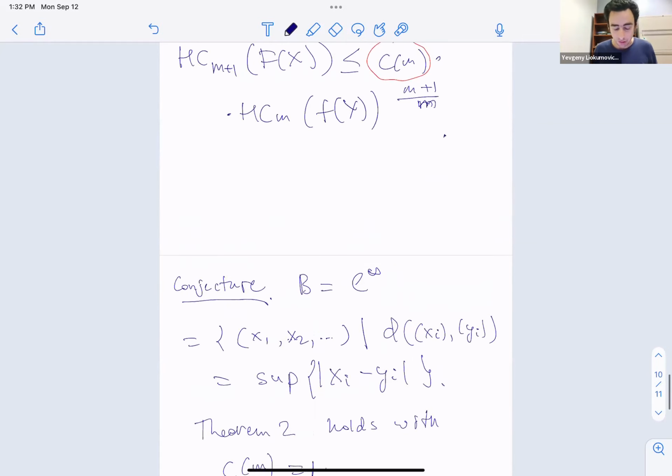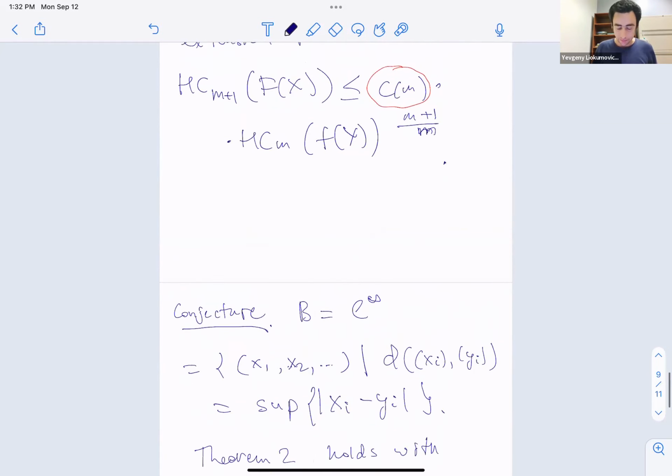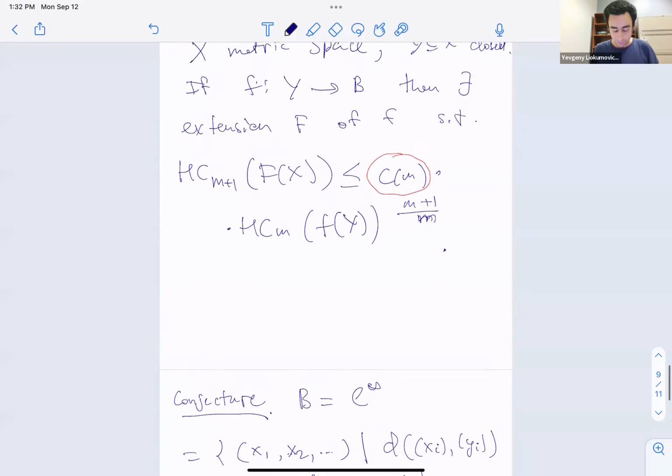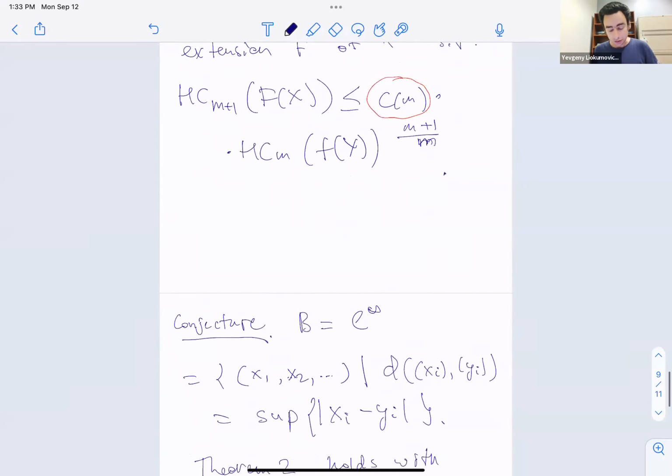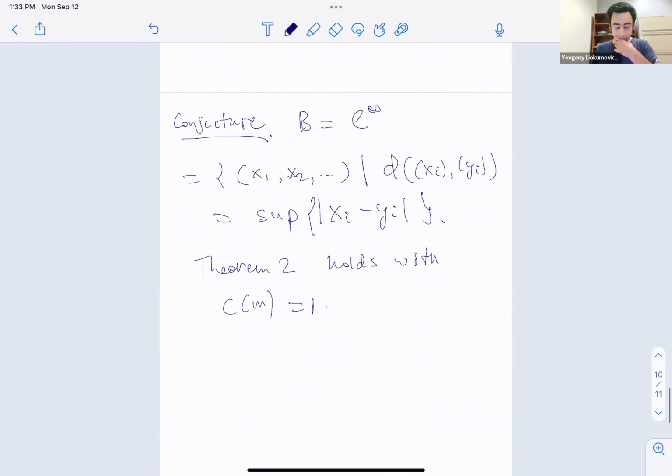But we actually conjecture something weaker, that there exists an inequality like this plus epsilon for every epsilon greater than 0. For every epsilon greater than 0, we can find an extension satisfying this inequality plus epsilon with constant equal to 1.